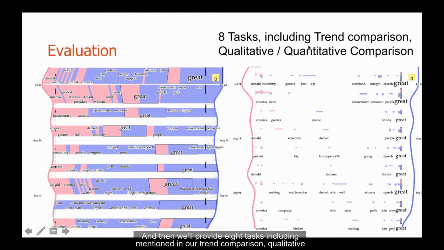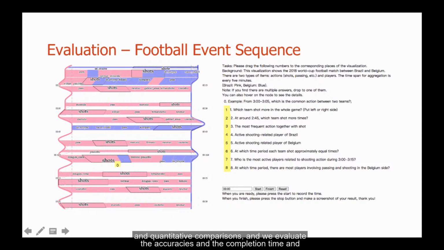We provide 8 tasks, including comparison, qualitative and quantitative comparisons, and we evaluate the accuracies and the completion times. We also conduct evaluation with the football event sequence, so we certify that our design is general, that it can apply not only to tweet data but also to the football event sequence.